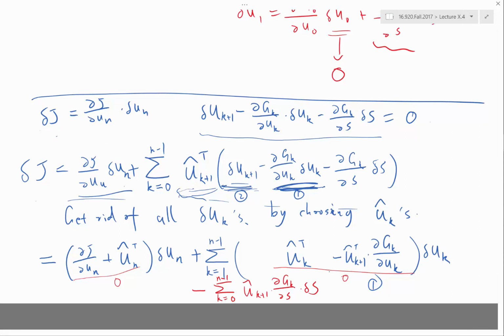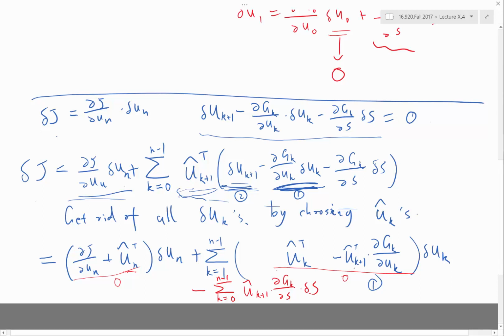We go backwards. First step, we set û_N to be equal to the minus transpose of dJ/du_N, right? If we set u_N properly, this thing becomes 0. And once we know what û_N is, that is appropriate to eliminate these delta u_N's, we go backwards.